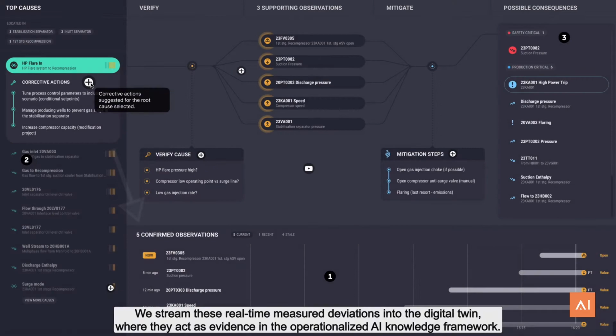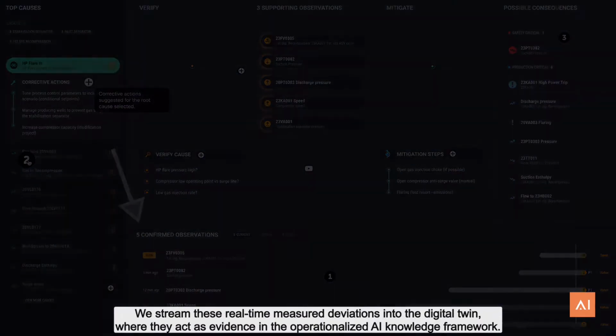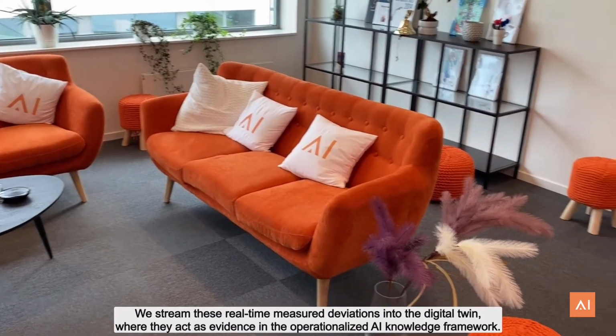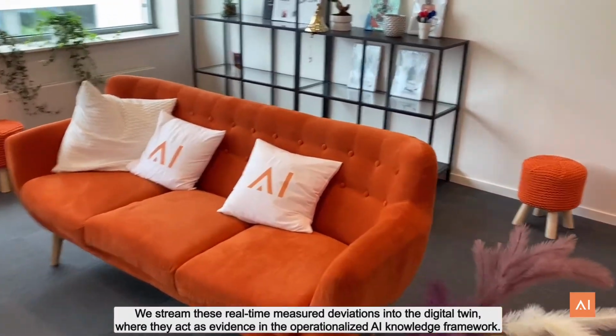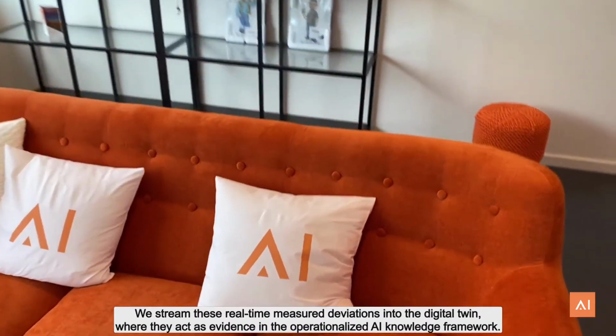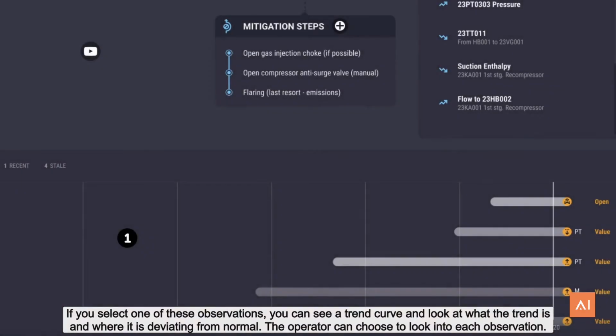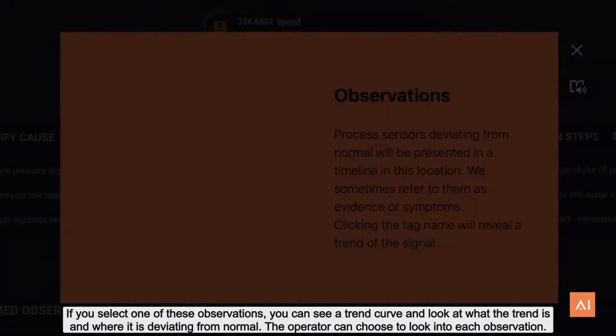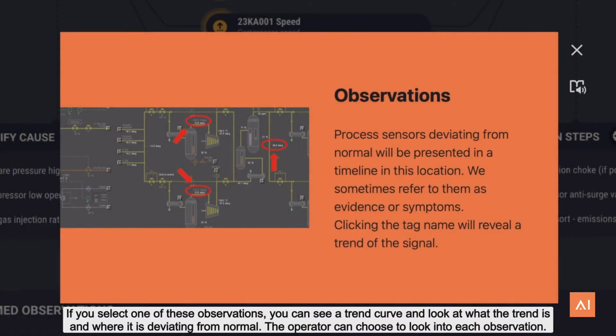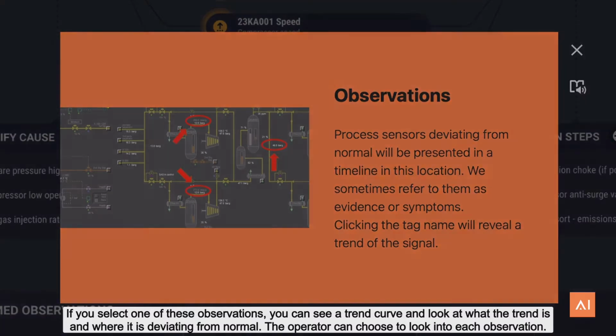We stream these real-time measured deviations into the digital twin, where they act as evidence in the operationalized AI knowledge framework. If you select one of these observations, you can see a trend curve and look at what the trend is and where it is deviating from the normal. The operator can choose to look into each observation.